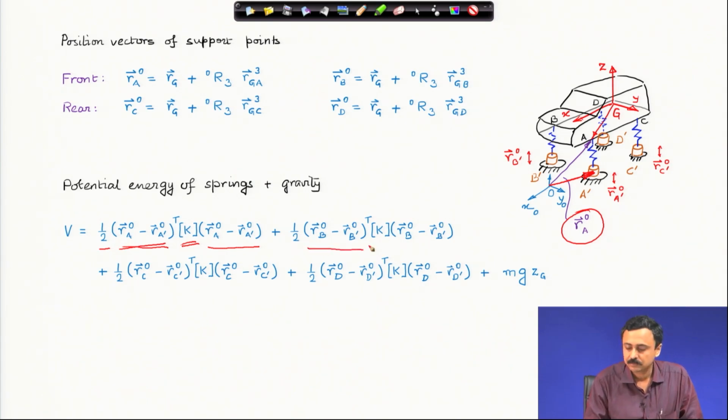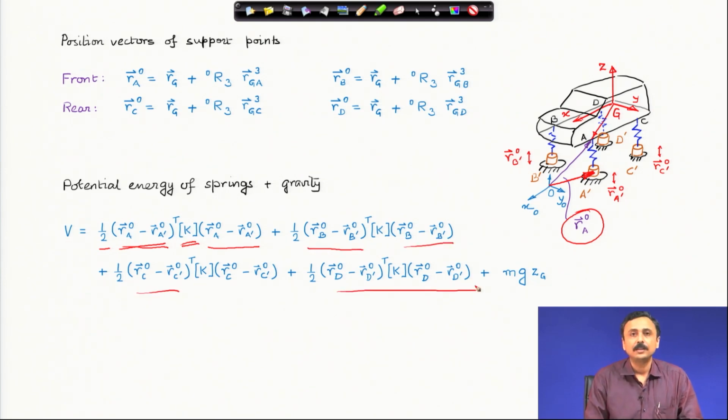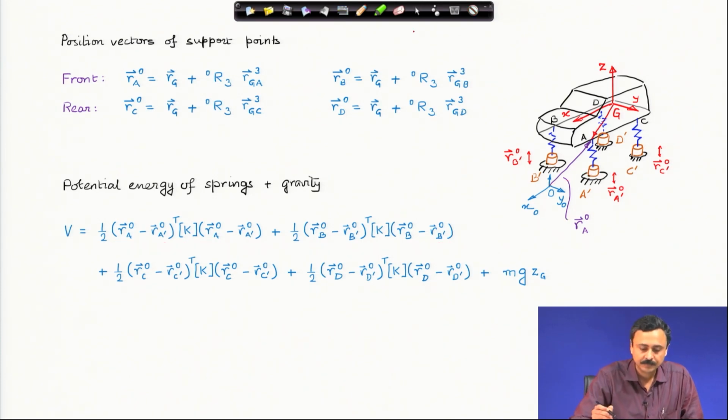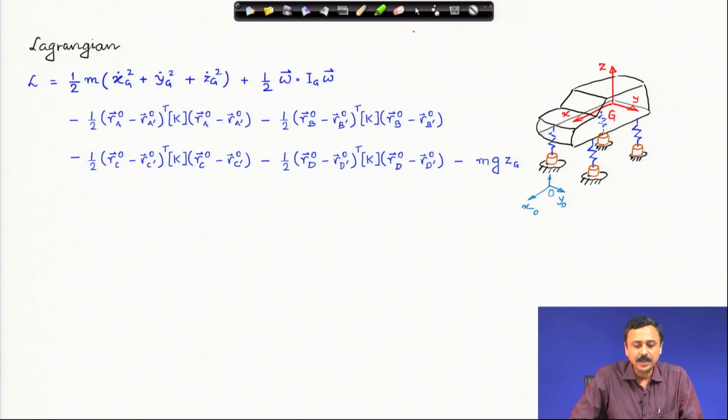Similarly, for the wheel point B, you have the difference again, and C and D. These are the potential energy contributions because of the stiffnesses. And then we have this gravitational potential energy because of the vehicle body, m g z g. Finally, we have the Lagrangian as kinetic minus potential energy.